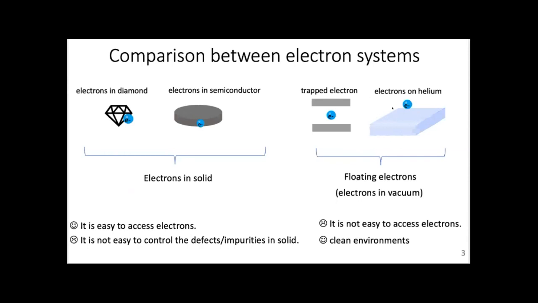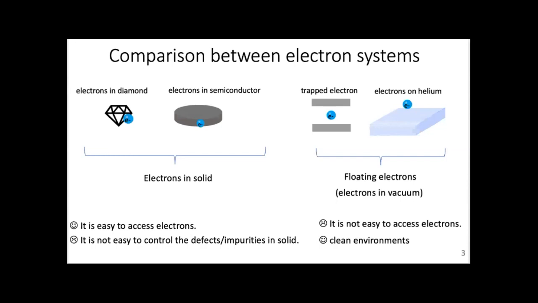That is why we call them floating electrons. Here I show you the trapped electrons, where the electron is trapped almost in the same way as an ion is trapped. And the other one is called electrons on helium. Today I would like to talk about electrons on helium because this is what I'm working on.